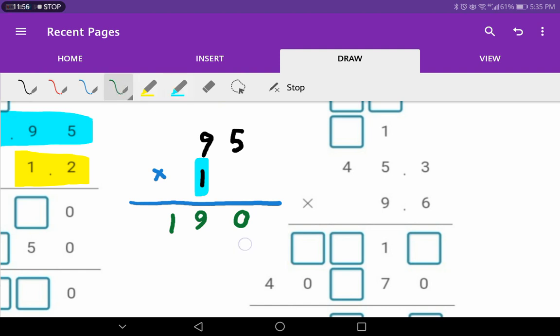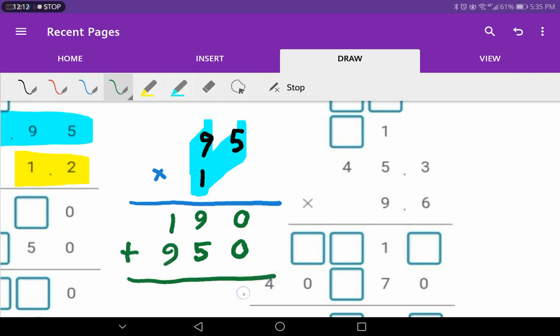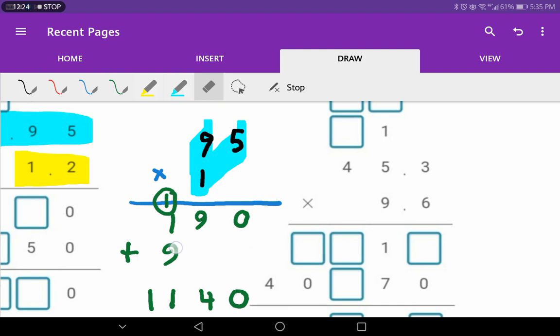But before I move, I have to write 0 under the ones place. Now, 1 by 5 equals 5. And 1 by 9 equals 9. Then I will add them. 0 down, 4 here. So it is 1 plus 1 plus 9, it is 11. So I'm done from this.